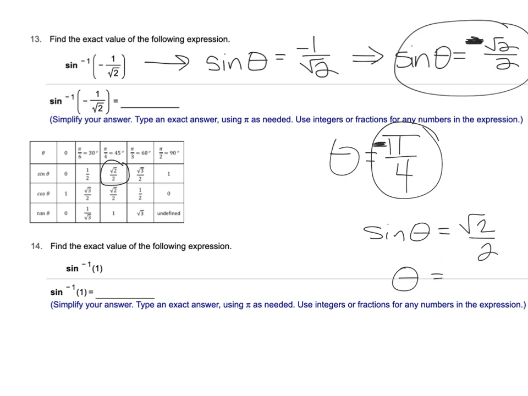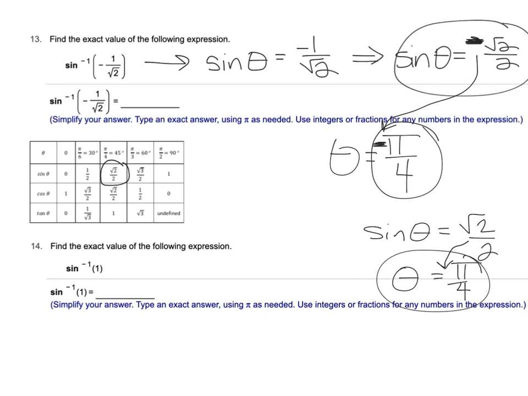My theta was positive pi over 4. Negative means negative. Positive means positive. And you got the pi over 4 by looking it up on my reference chart. I hope that makes sense. That's for inverse sine, and the same thing works for inverse tangent. Now, inverse cosine is different, but sine and tangent work the same way.